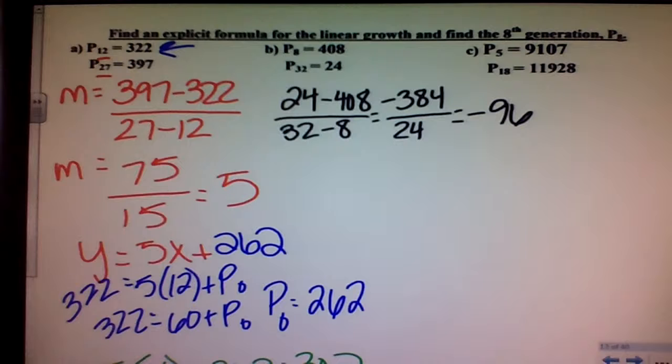Negative 384 divided by 24 is negative 16. I'm also getting negative 16. Oh, because my calculator only took 4 instead of 24. That would explain why. You're right, it's negative 16. When I looked at my calculator, I must not have hit hard enough, and it only divided by 4. Hold it down.